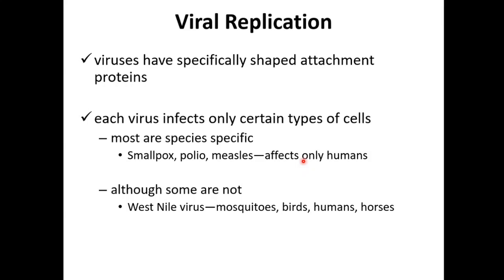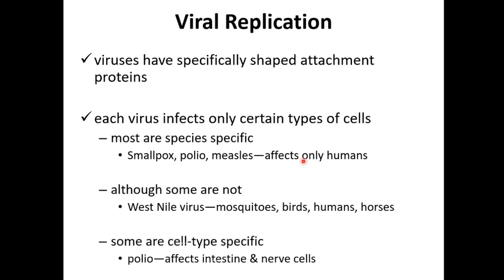And this depends on how these viruses get in the host cell. Which receptor does it use? If that receptor is across different species, then the virus will be able to infect all those species. Otherwise, it can only infect a specific cell or a specific host.